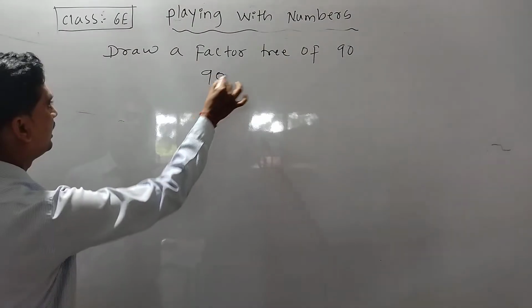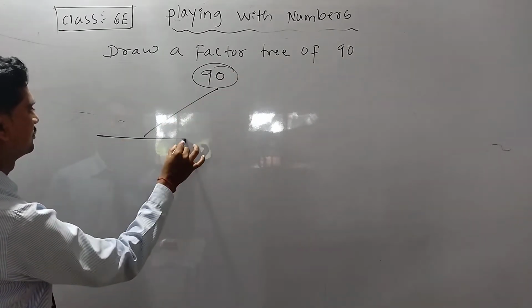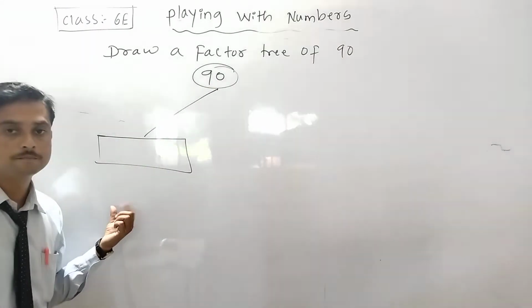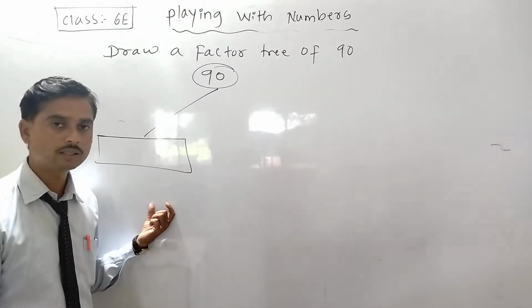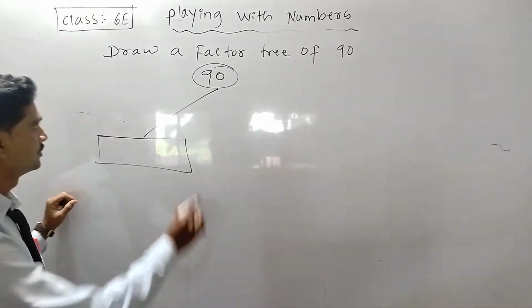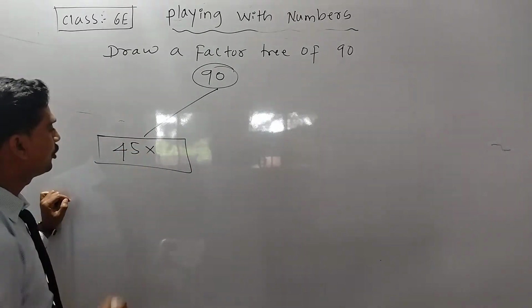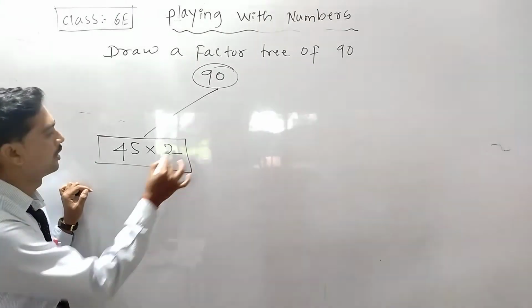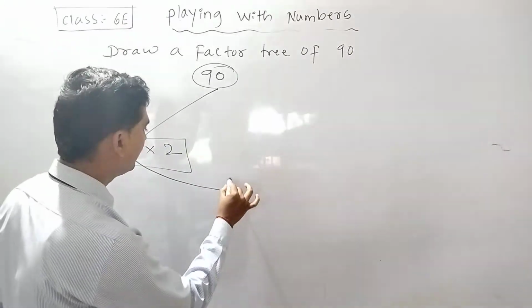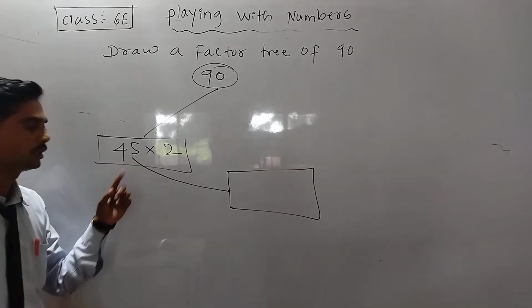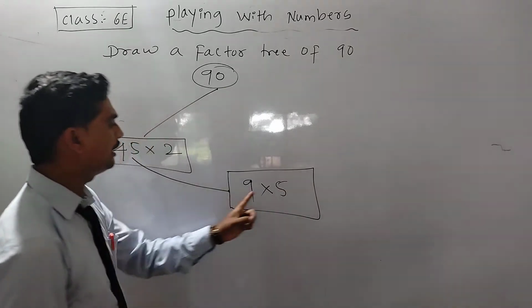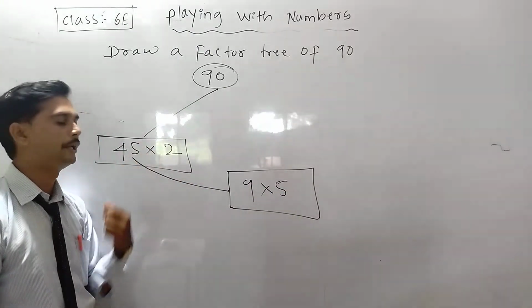First 90. 90 is the product of which two numbers? 45 into 2. Then 45 is the product of which numbers? 9 into 5. 9 times 5 is 45.